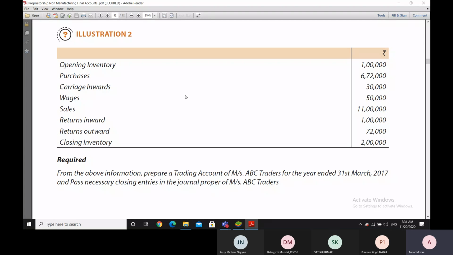We'll also be adding the wages, the direct expenses, and as you know, the return inwards are the sales returns. So we'll add the sales returns and then reduce the return outwards and the closing inventory.